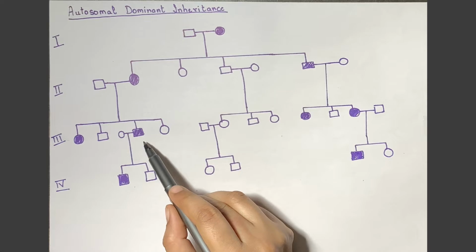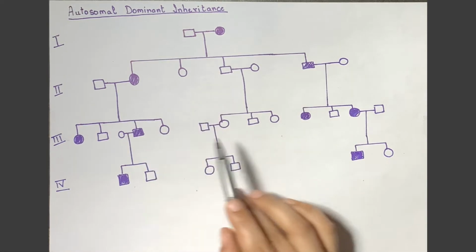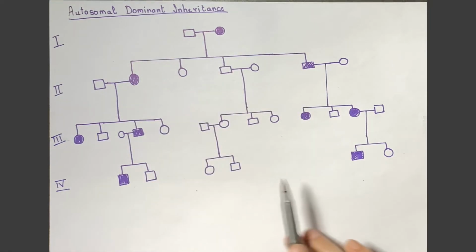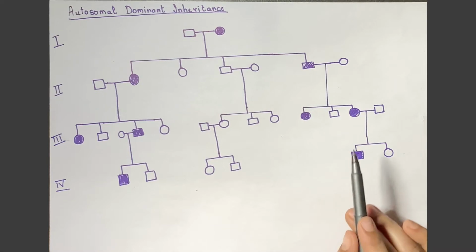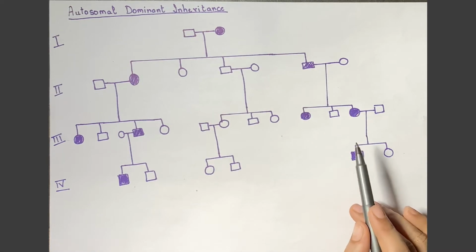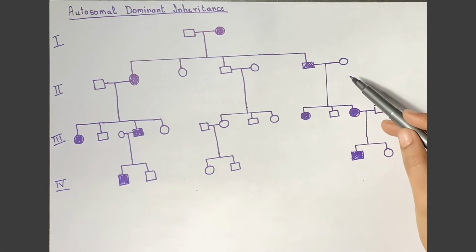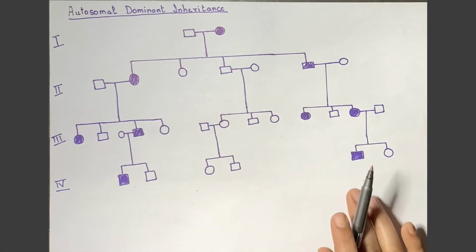In this pedigree, we find that males as well as females are almost equally affected. There is no gender bias. Now we find that the phenotype usually appears in every generation. There is no skipping of generations.